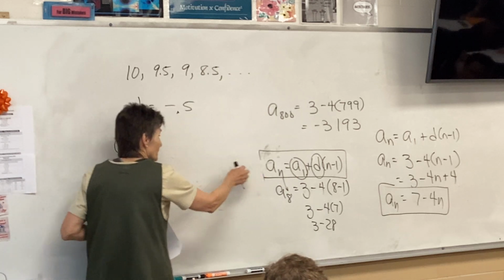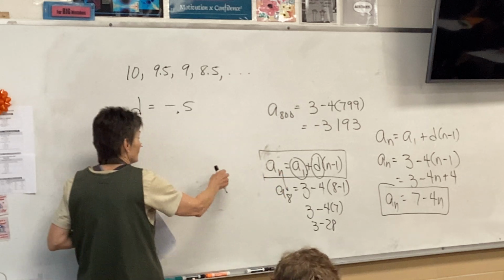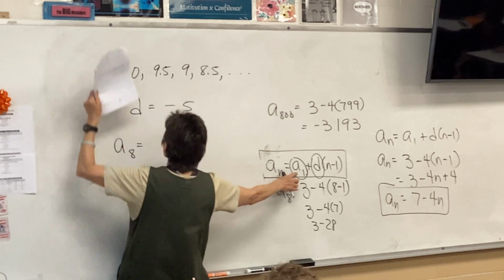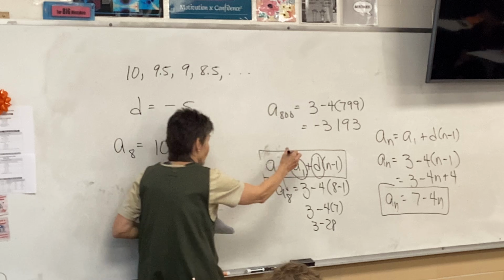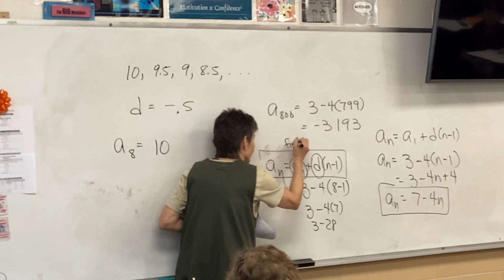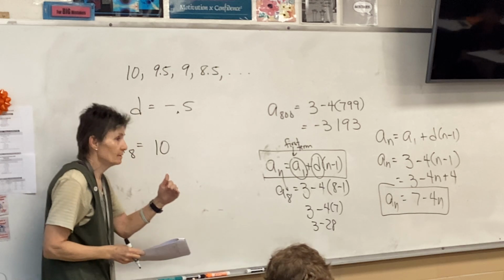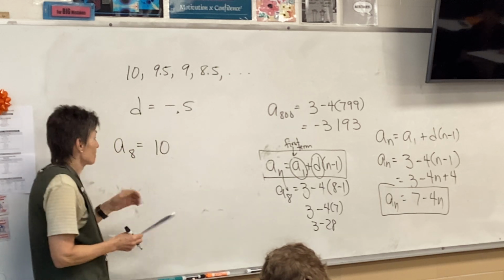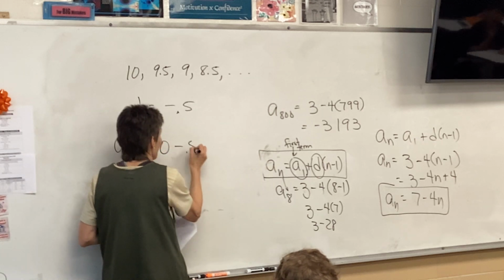What does my formula say? If you want a sub 8, what are you going to start with? 10. Remember, this means first term. A sub 1. A sub 2 is second term. So start with 10, and then minus 0.5.